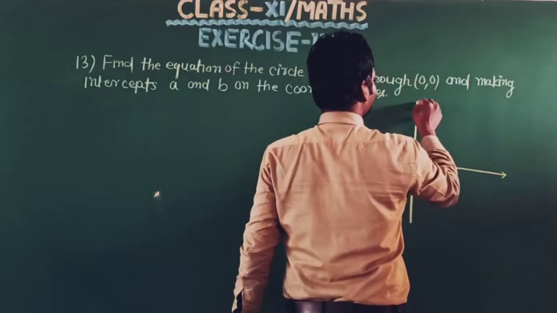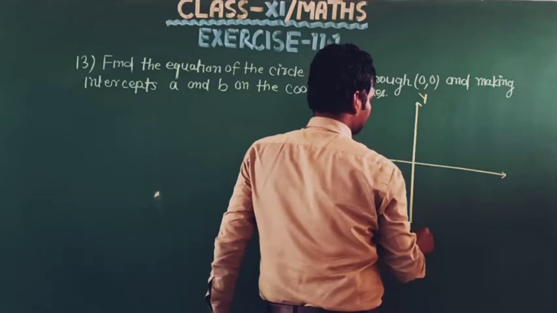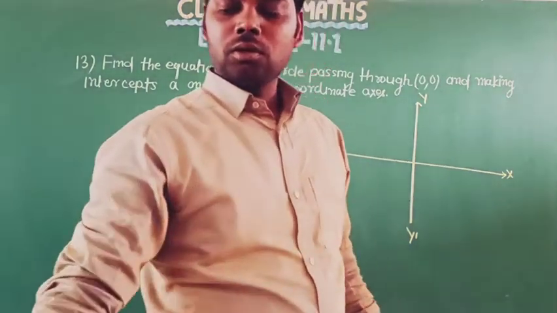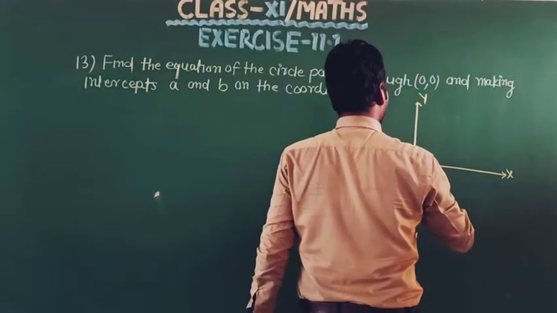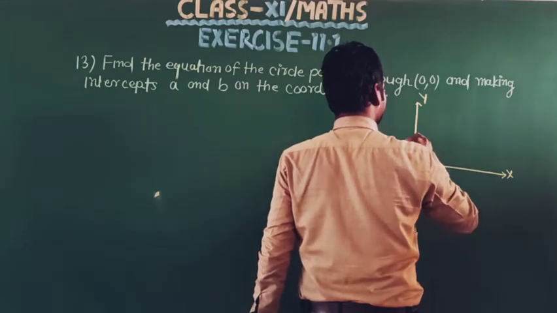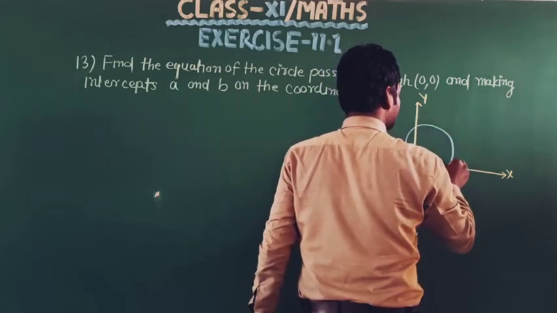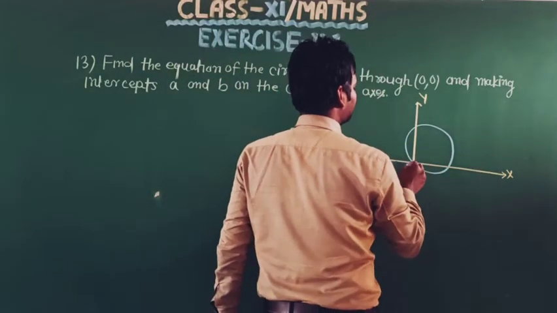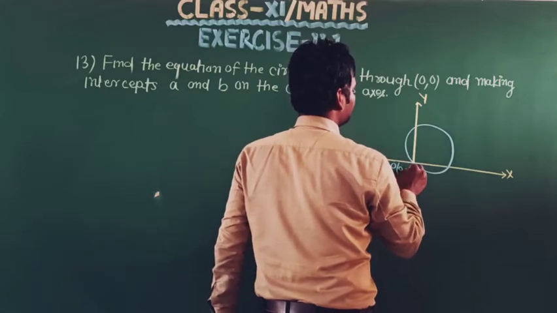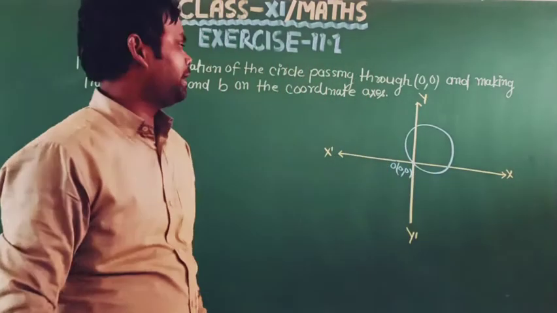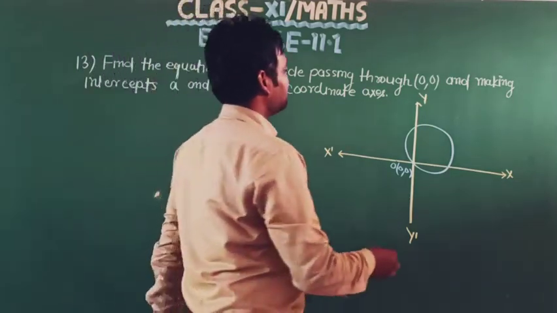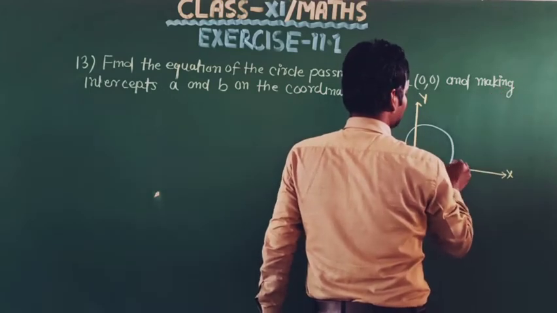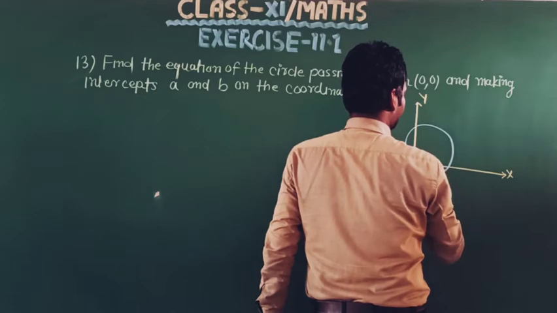0, 0, that means the origin. So this is the y dash coordinate, x dash coordinate. This is the required circle which passes through the origin 0, 0 and makes intercepts A and B on the coordinate axes.